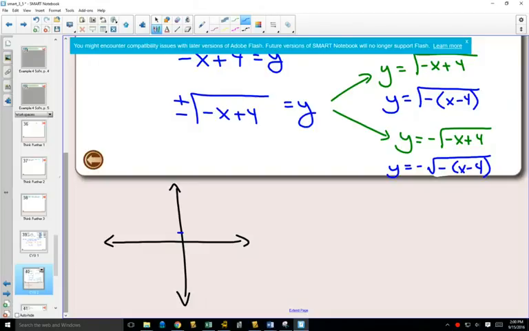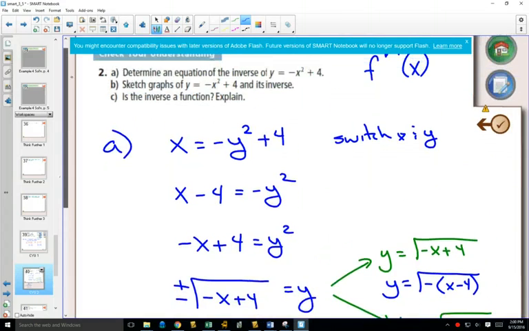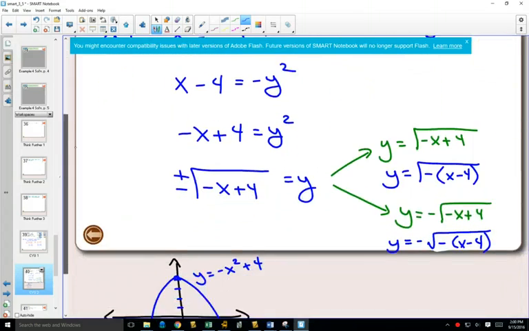The negative would flip it down, and then the plus 4 would move it up 4. So we would have our vertex at 0, 4, and our parabola going down. Is that what the original equation was? Good. -x squared plus 4.